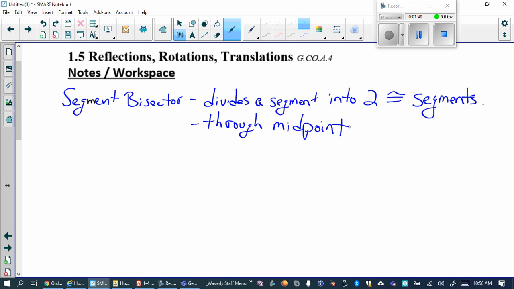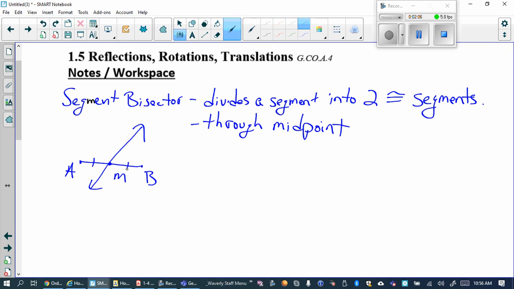I'll draw a quick little sketch here. So there's a segment with a couple of endpoints. We'll call this line segment AB. And let's say that's the midpoint. We'll call that M. That line I just drew is called the segment bisector, okay? And that makes this segment here, AM, congruent to segment BM.